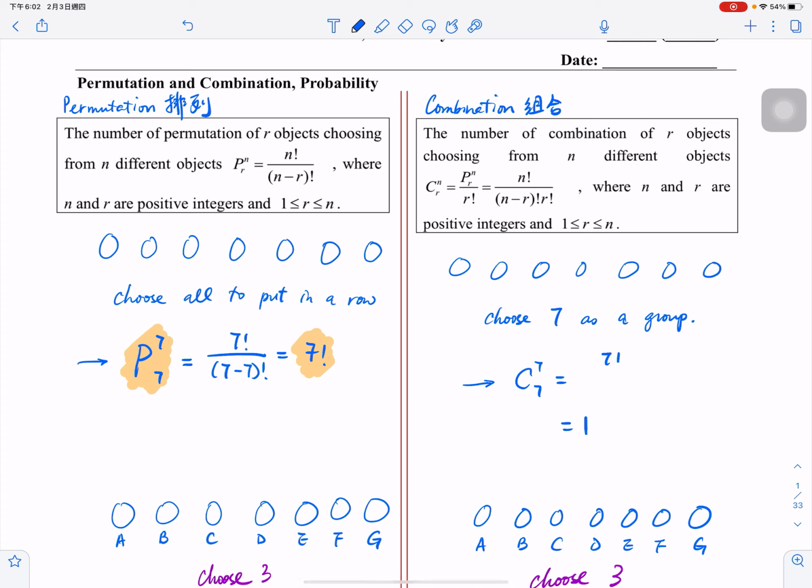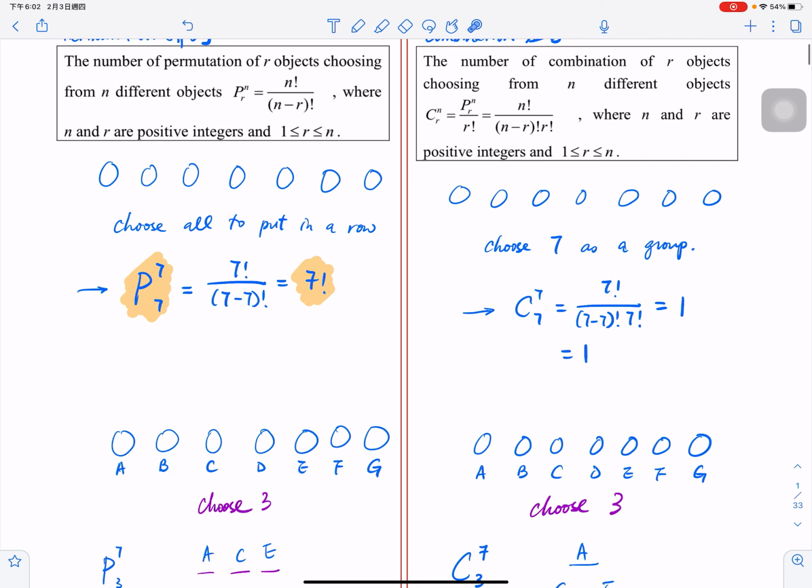So 7 factorial over 7 minus 7 factorial and then over 7 factorial, which equals 1. So you only have one combination because there is no order for combination. All of them chosen means only one group.